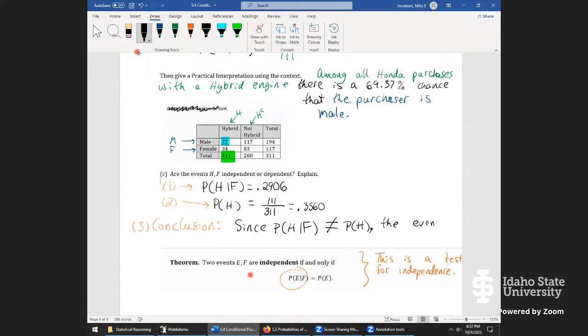the events are, anyone happen to know what it should be in this case? Is this independence or is this dependence?